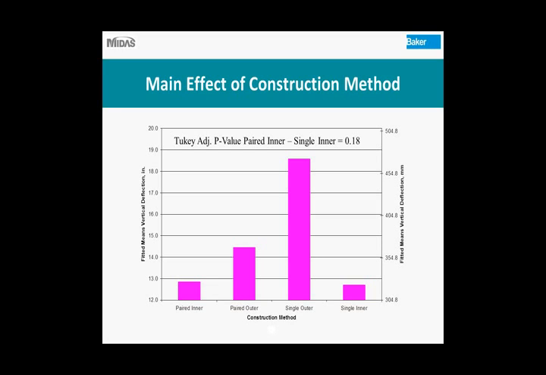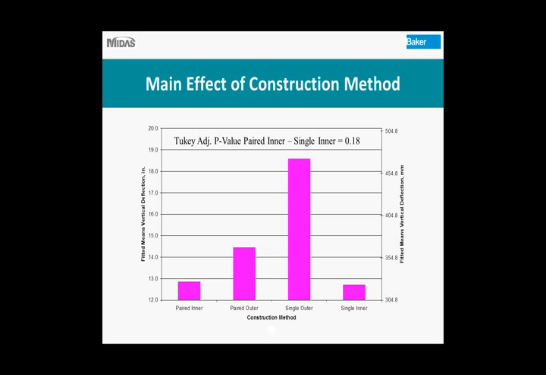deflection that we see. Now, if you look at the top of the graph, we have the Tukey adjusted p-value for the paired inner versus the single inner, which is 0.18. And if you look at the graph, you can see the paired inner and the single inner deflection results are very similar.